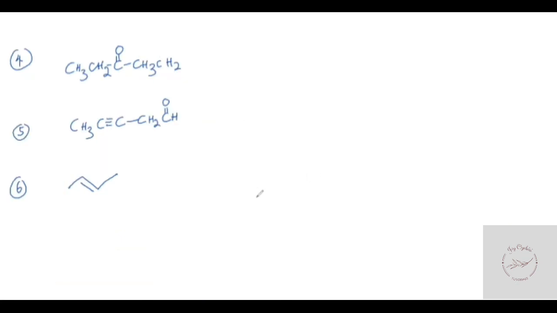So for the fourth one here, we have this, which is a ketone. Okay, so if we were to write it out properly, that would be CR double bond O. Okay, so that is a ketone.